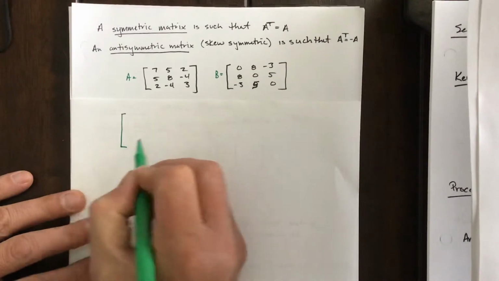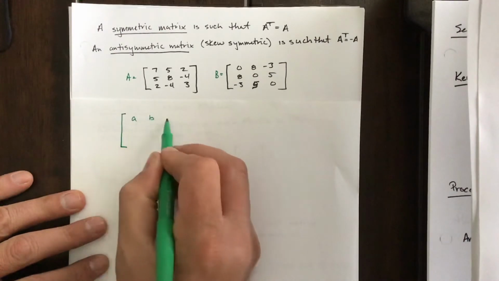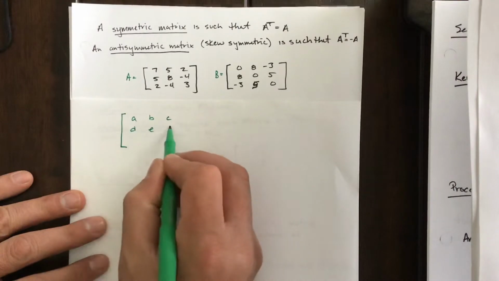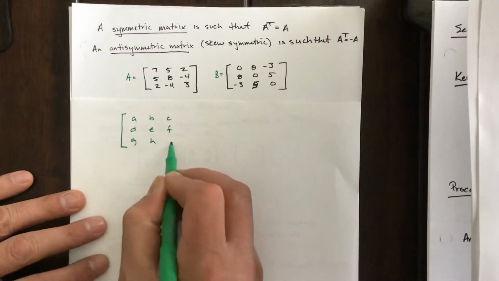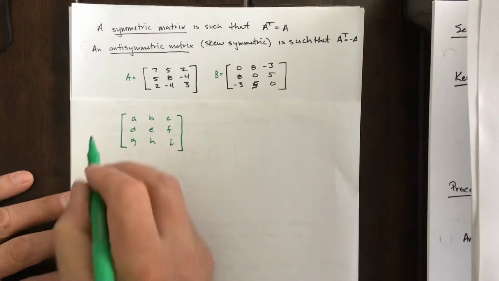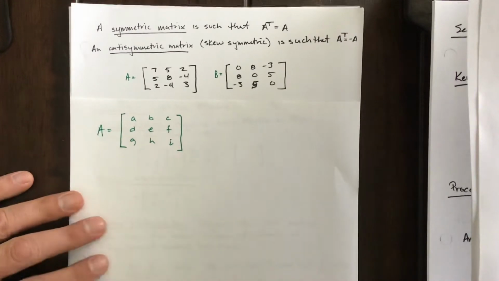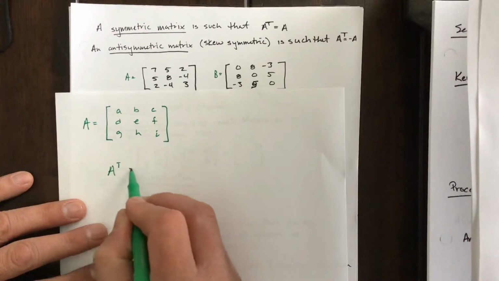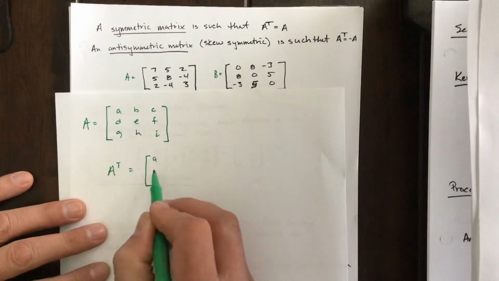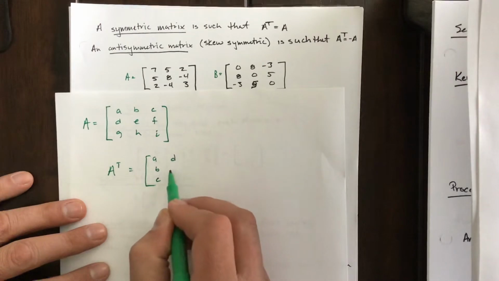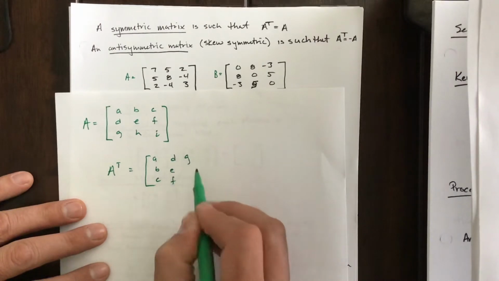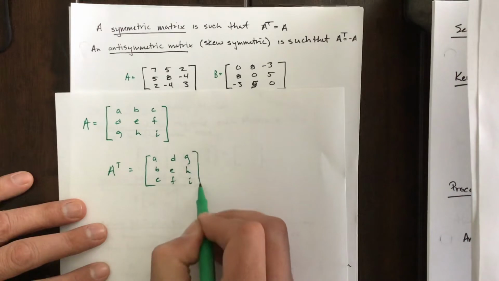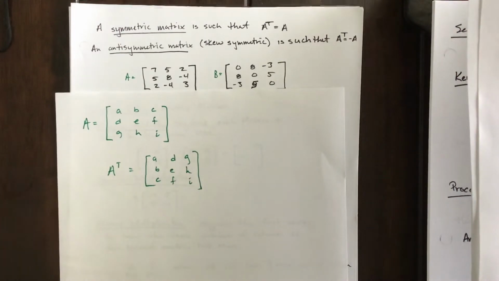If I took a generic matrix like A, B, C, D, E, F, G, H, I, and we call that matrix A, and I wanted to compute A transpose, I would get A, B, C, D, E, F, G, H, I, where all the rows of A are now the columns of A transpose.